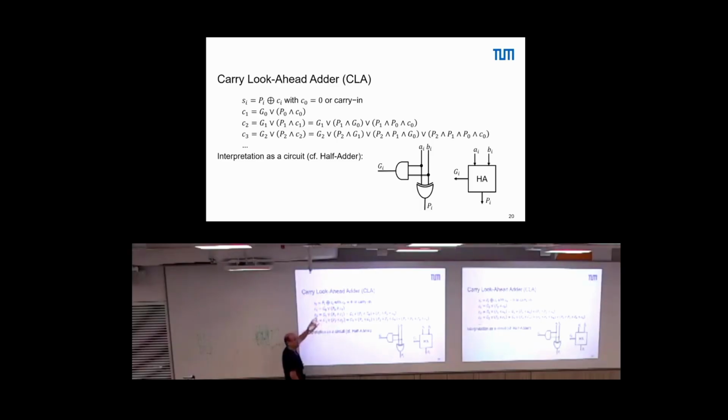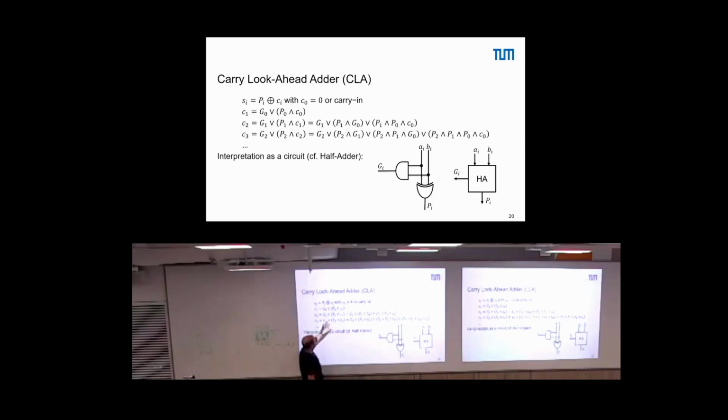For the second stage, if I look into this full adder structure, for instance, at that point, the output can be written as G1 or P1 and G0 or P1 and P0 and C0.